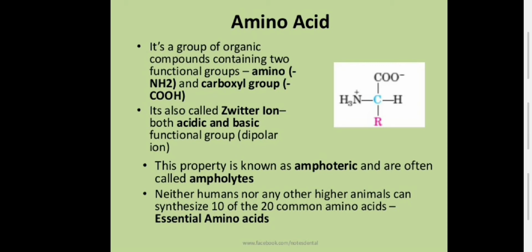A dipolar ion is an ion that carries both positive and negative charges. This property is known as amphoteric, and such molecules are often called ampholytes. Amphoteric means it can react with both acid and base, and ampholytes exist in the zwitterion form in their structural formula.